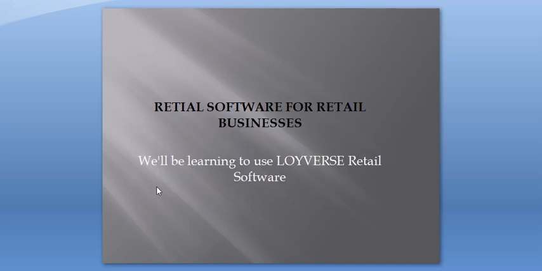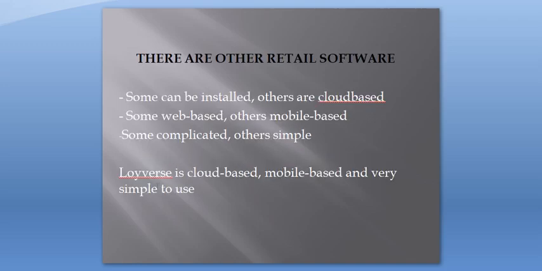So retail software for retail businesses. The retail software we are going to be learning to track sales for retail business is called Loives Retail Software. That is the software that we are going to be using to track sales for retail businesses. Although there are many other retail software that you can use.